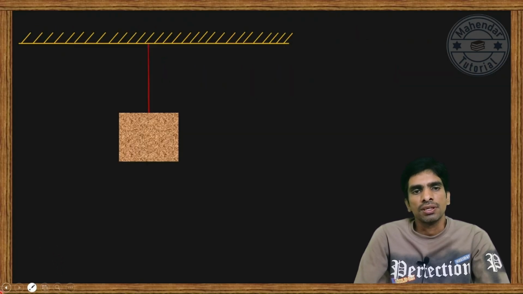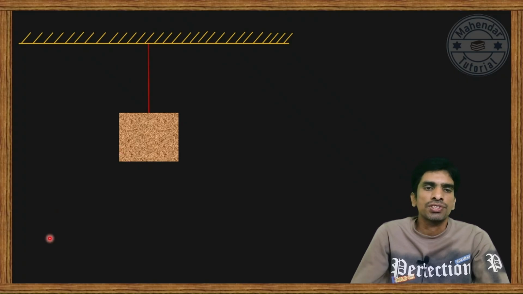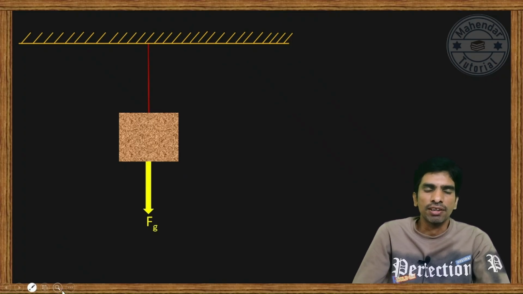Next, an object is suspended by using a string. Here also, first gravitational force acts downward, that is Fg, the gravitational force. But the object is not falling down because of the string.